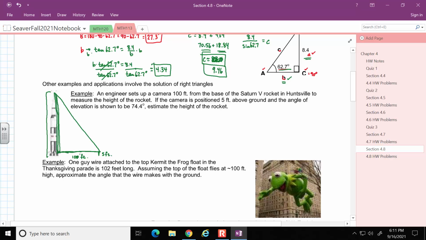Here's the base, and it says I am 74.4 degrees. Okay, so I want to figure out the height, so I'm just going to say here height. So if I set this up and I can find the side of this triangle, I'll call it x. How do I first determine what x is?